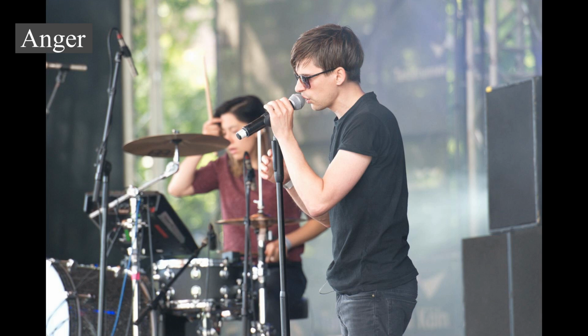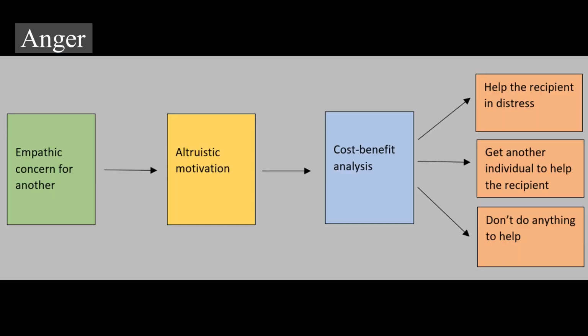Two subcategories of empathic anger are state empathic anger, current empathic anger, and trait empathic anger, a tendency or predisposition to experience empathic anger. The higher a person's perspective-taking ability, the less angry they are in response to a provocation.